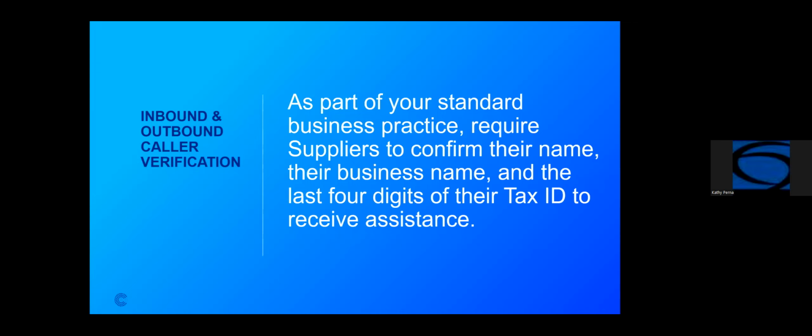Can you provide me with some information about payments that I'm trying to get?" Before we give any information about a supplier or their payments or their bank account details, we want to be sure that we're talking to somebody at that company. So that's another important step.